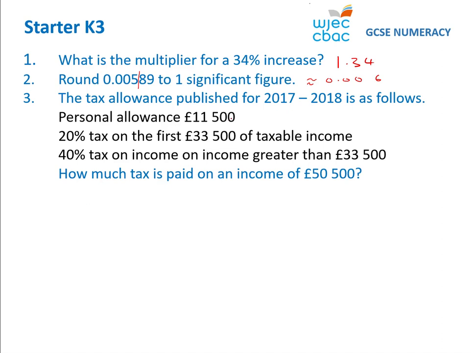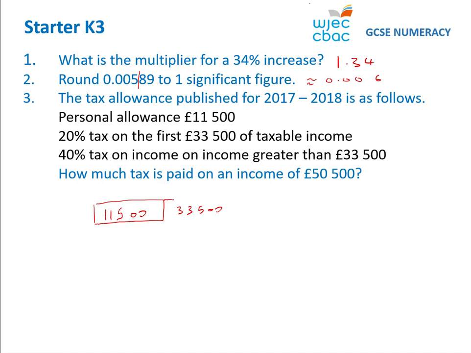And the tax question then. So personal allowance is 11,500, 20% on the next 33,500, and then 40% of tax on anything over those two combined. So if you use a bar method, you could say 11,500 is tax-free, and we have 33,500.